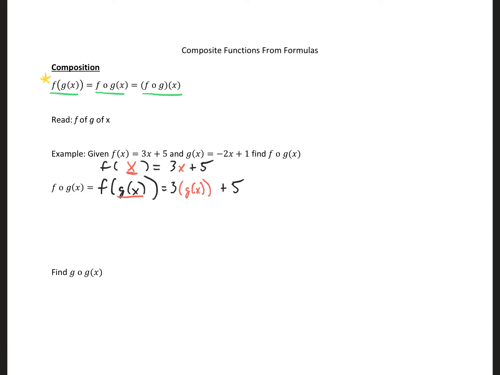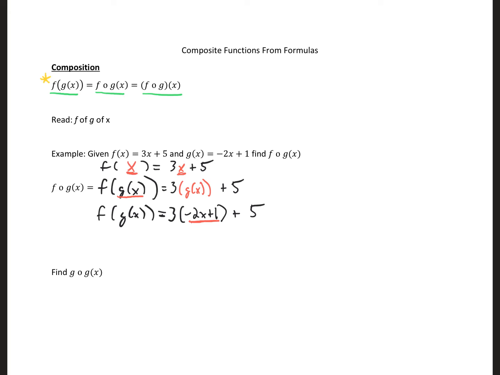So if I want to find f of g of x, in the original function, I'm replacing x with whatever g of x is, which in this case is negative 2x plus 1. That is g of x in place of the original x.